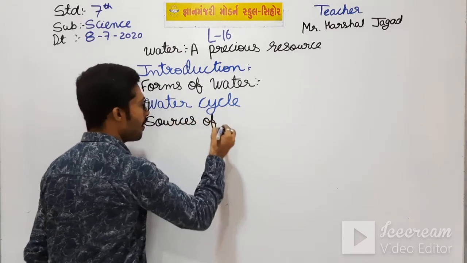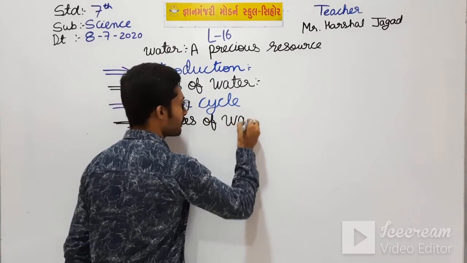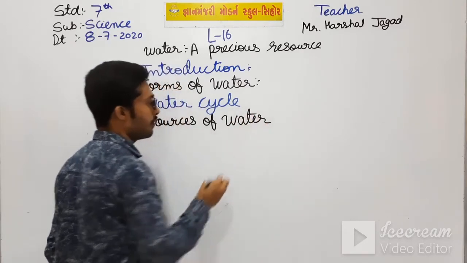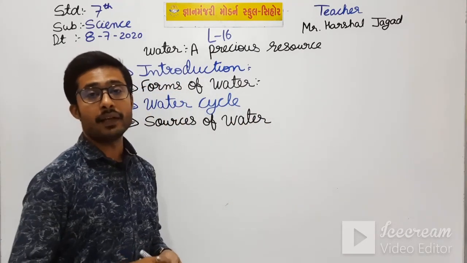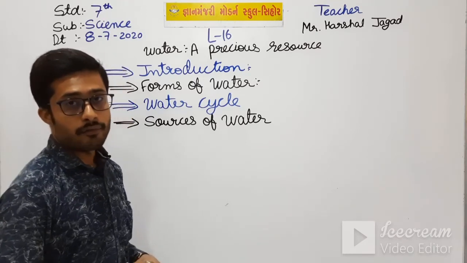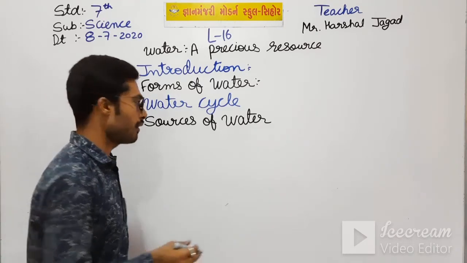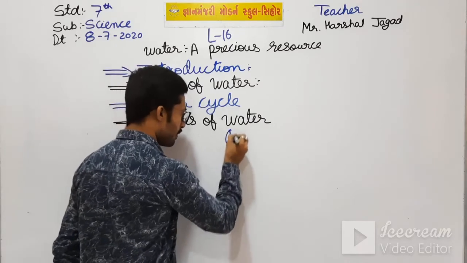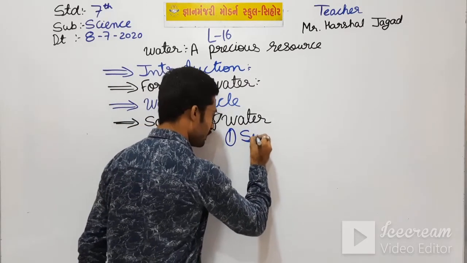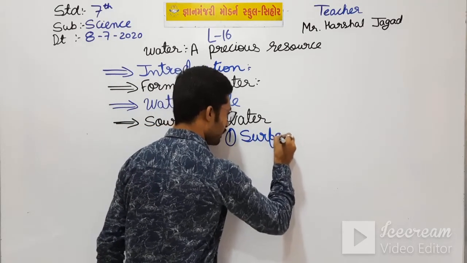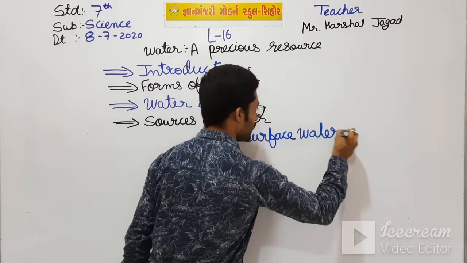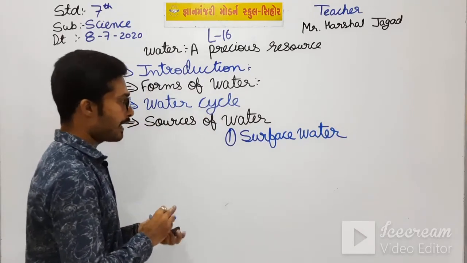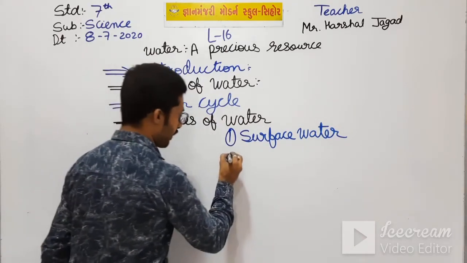Sources of water. So in this we have seen the main two types of sources. First was surface water, and second was underground water.